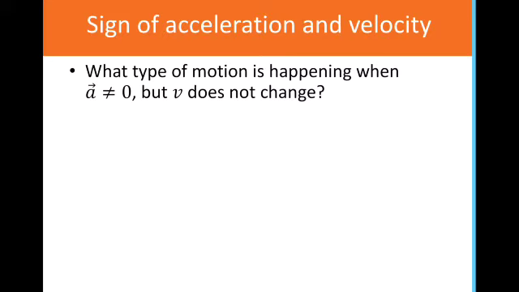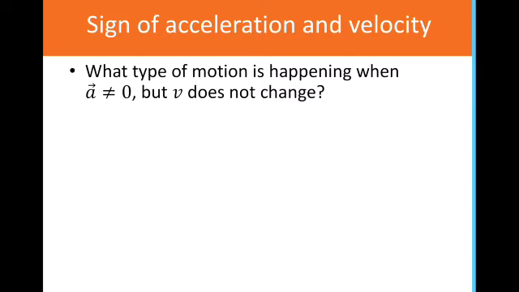Because we're talking about vectors here. If there is a non-zero acceleration, the vector must change. That is always true. But that does not necessarily mean that the magnitude of the vector must also change.